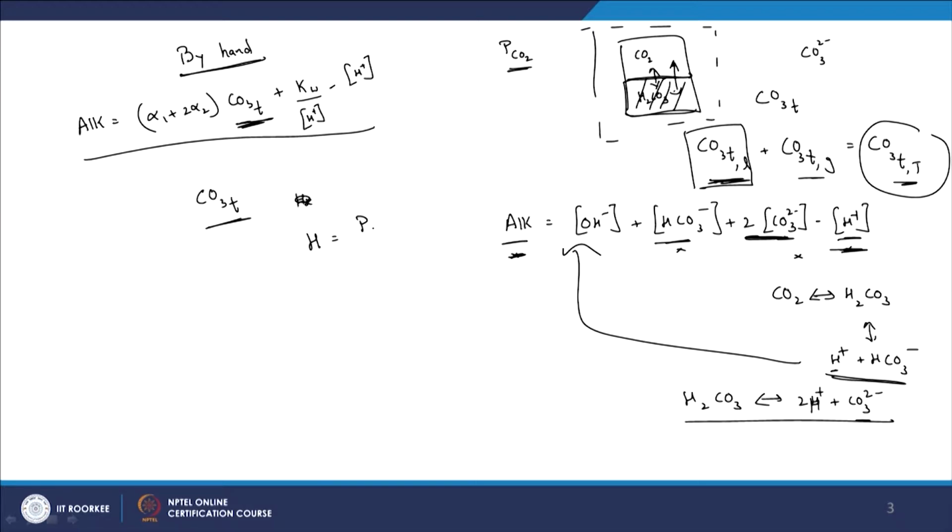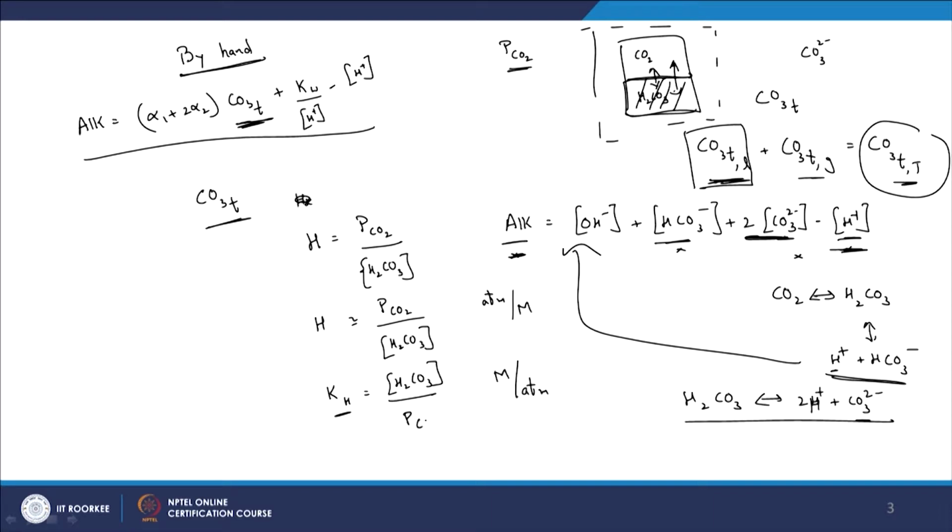For the gas phase we look at partial pressure, and in the aqueous phase the activity of H2CO3, which I approximate by concentrations: PCO2 over H2CO3 concentration. This is the case where the units are atmospheres per molar. Considering the other case, in moles per molar per atmosphere units, it is equal to H2CO3 concentration over partial pressure of CO2.